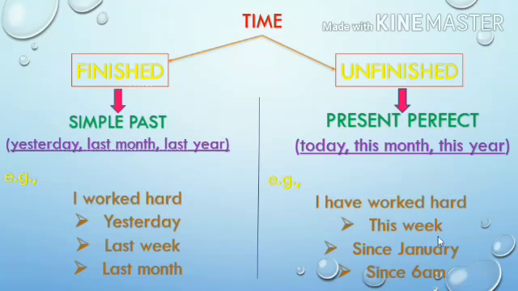So it's an unfinished time, right? So we can use this with present perfect. Or I could say I have worked hard since 6 a.m. Since 6 o'clock is morning, right? And now it's still today. So it's an unfinished time. Alright. So this is what you need to keep in mind regarding time.